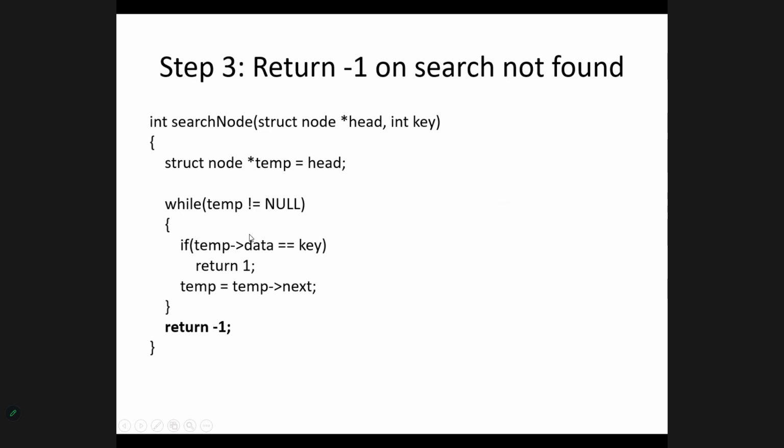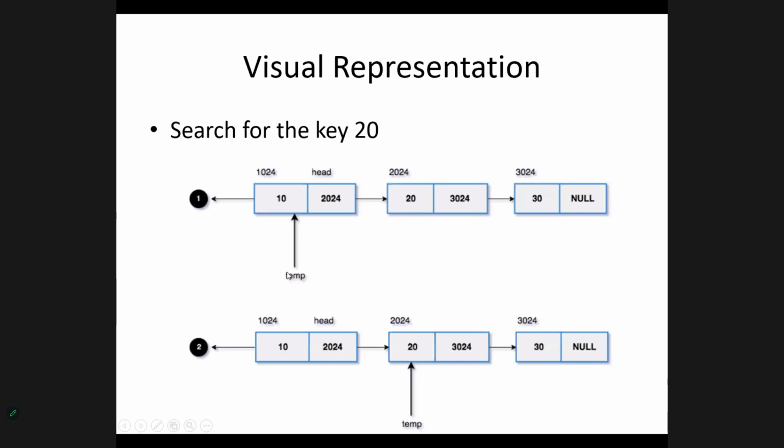If the key is not found, return -1. Search not found, right? So okay, start by assigning a temp, and then okay, temp data equal to key. Okay, then we found it. If not, we will move forward, right, to temp next. So okay, temp next data 20. Okay, then found, then return 1, right?